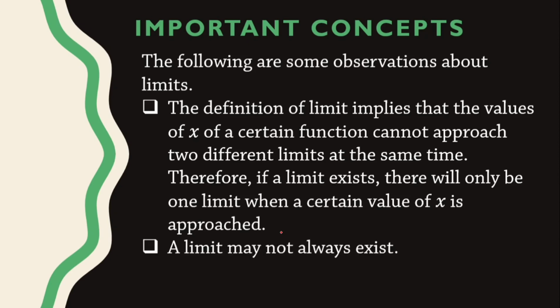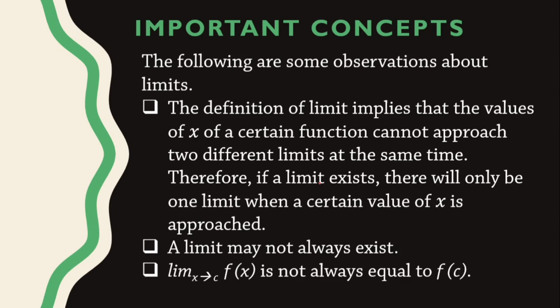Second, a limit may not always exist. Again, take note, the limit will only exist if the limit from the left and from the right are equal and are the same. If the limit from the right is not equal to the limit from the left, then the limit will not exist.